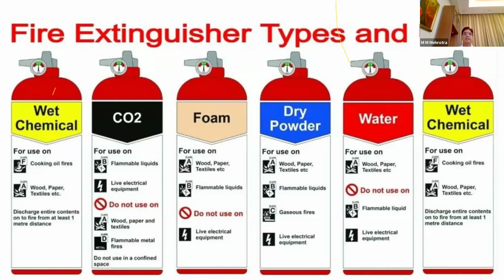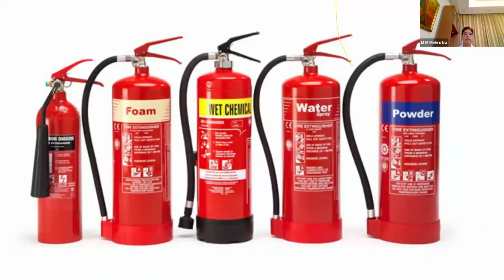When oxygen is not there, that fire cannot sustain. So these extinguishers are there for small fires limited to one small portion of the building or room. So these are extinguishers of different types.